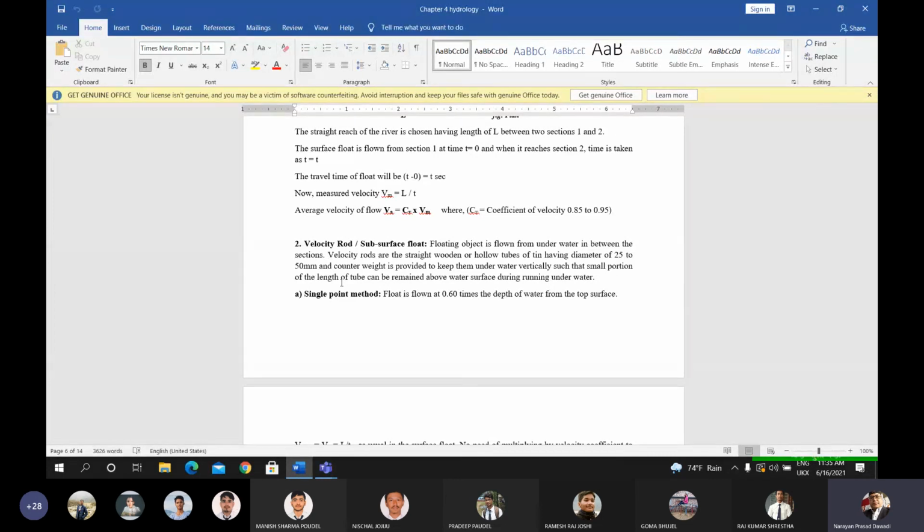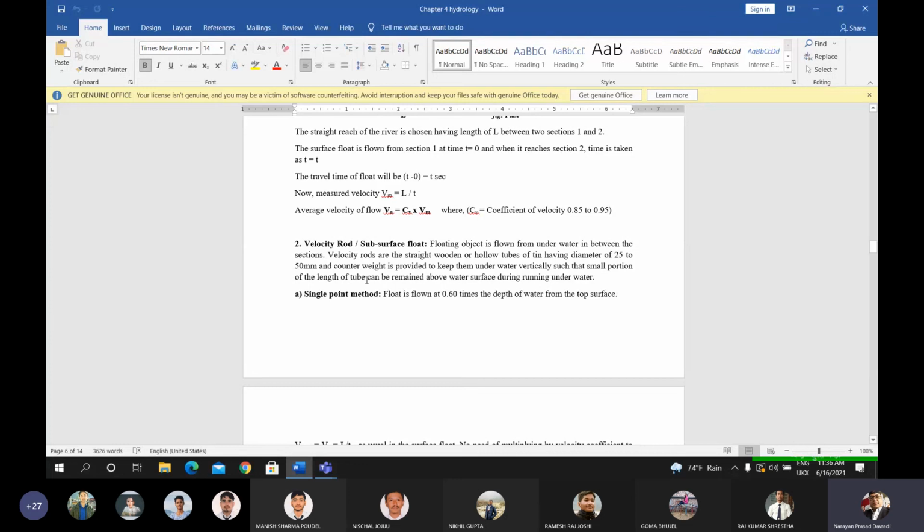This velocity will be the actual velocity. This velocity does not have to be multiplied by the coefficient of velocity, because the float is not flowing on the surface. It flows inside the water from one section to the other. That's why there is no need of multiplying with the coefficient of velocity.